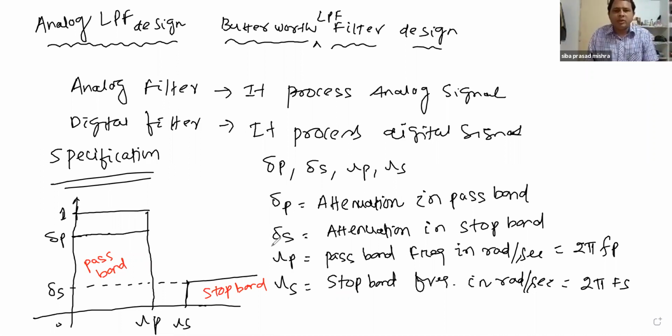Now we will use these specifications to design the filter, or to find the transfer function of the filter. That is very, very important. This is your magnitude of H of j omega. So this is your low pass filter. Clear? Yes or not, all of you?